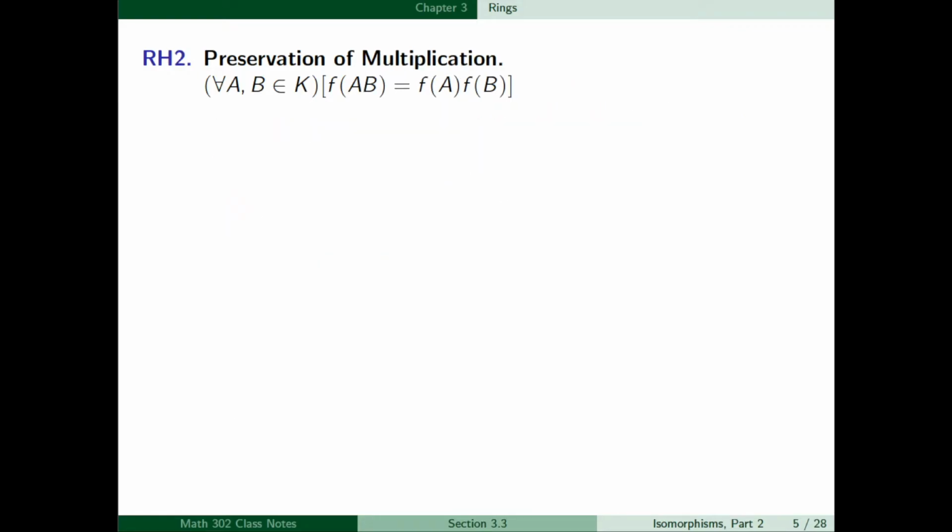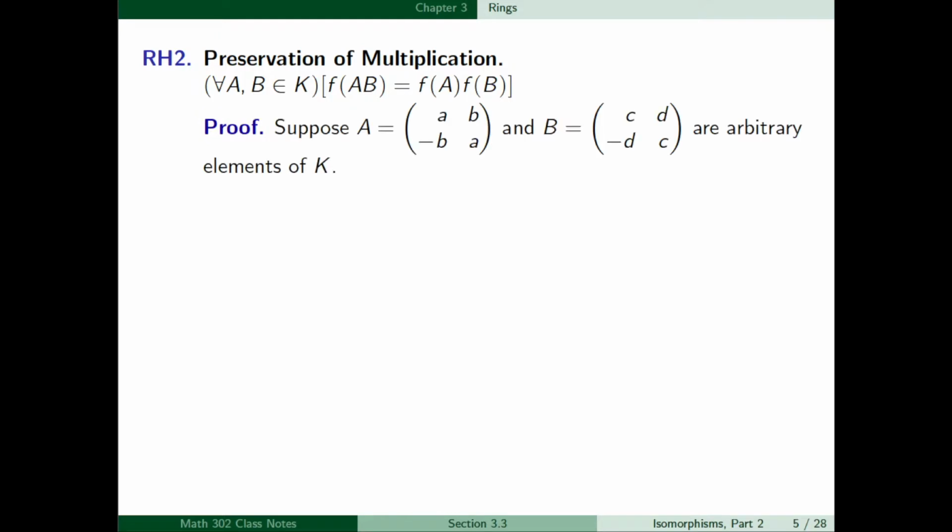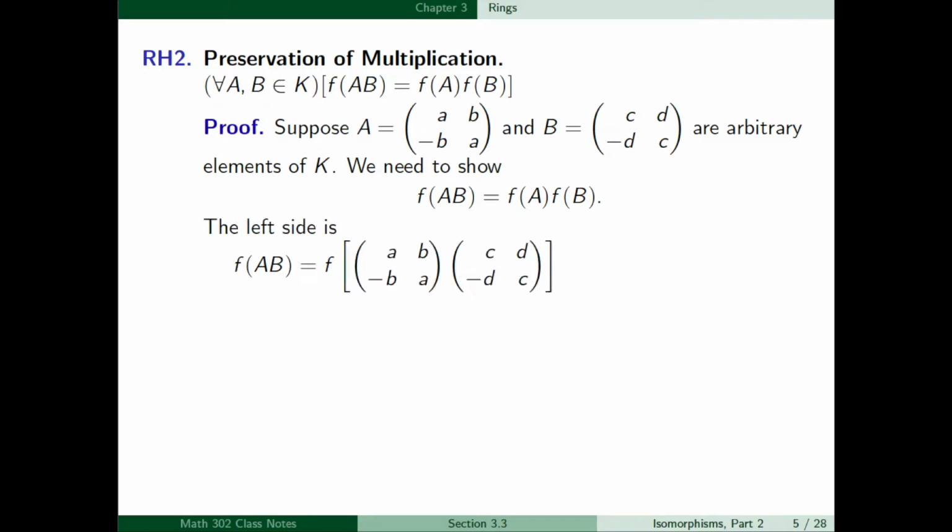For RH2, preservation of multiplication, we have to show for all A, B in K, f of AB is equal to f of A times f of B. So we'll suppose A and B are the same two arbitrary matrices in K, and we need to show f of AB is equal to f of A times f of B. So we'll start with the left side, and this is f of the product of those two matrices.